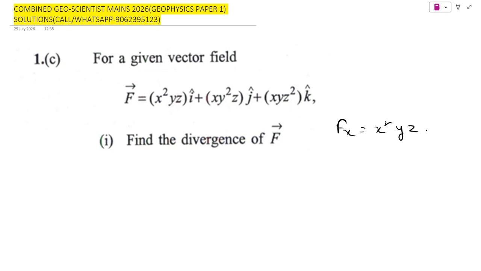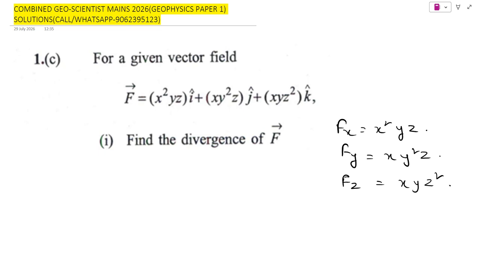Along the y direction, this is fy, this is x y square z. And along the z direction, fz, this is x y z square. Now notice something beautiful. Each component contains all three variables x, y and z, but only one variable is squared. So this symmetry is not accidental.